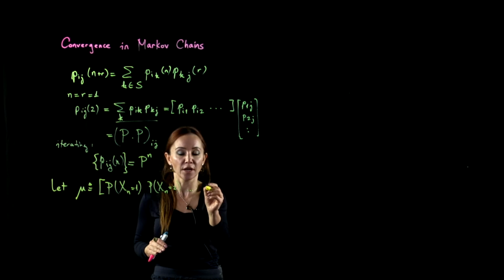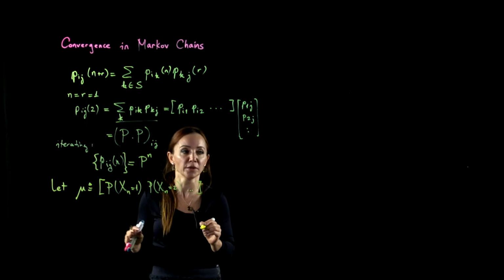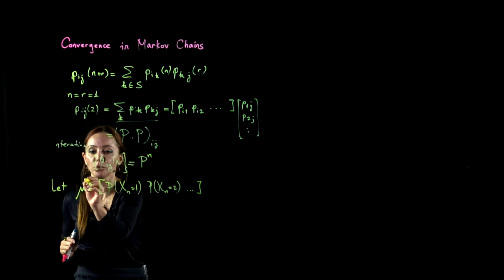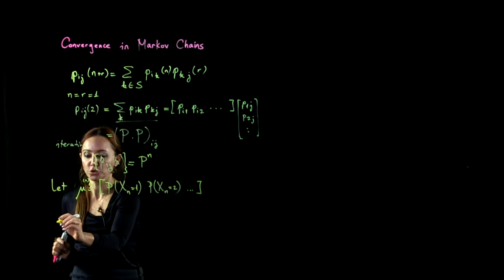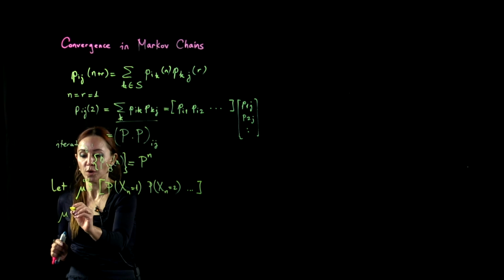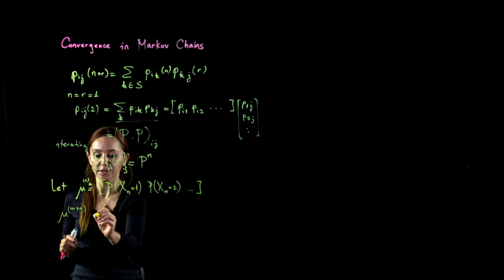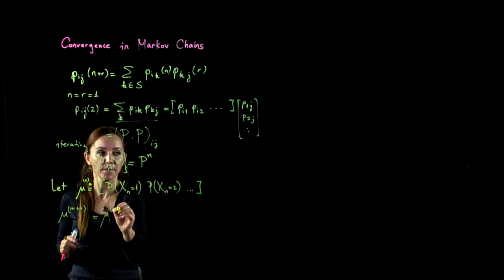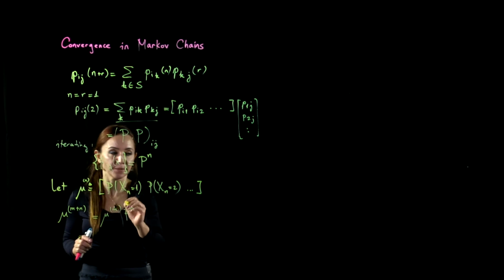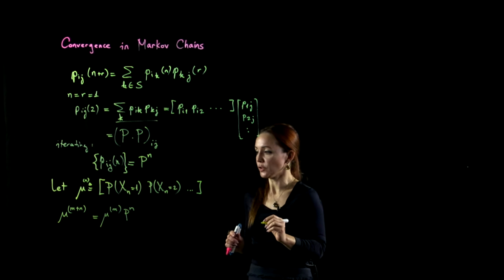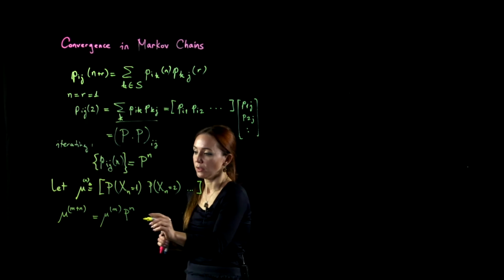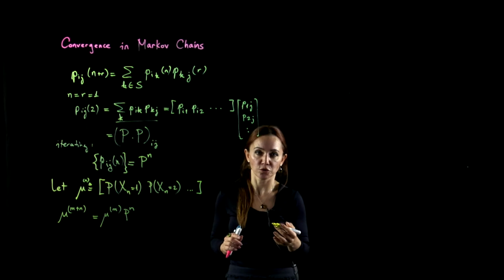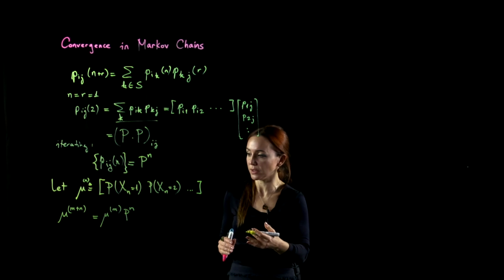So we're interested now in how this probability vector evolves. Let's call this mu_n. By this argument, it's easy to show that mu_(m+n) is equal to mu_m multiplied by P to the n. So a very valid question is whether this probability vector converges to something as time increases.